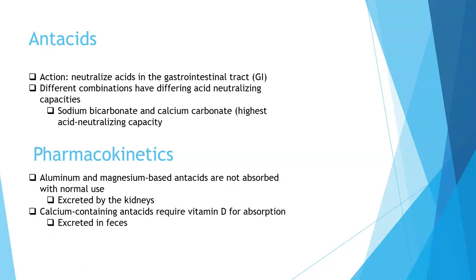But why is it important to know pharmacokinetics? Think about a patient with renal insufficiency. When drugs are excreted by the kidneys but the patient has renal insufficiency, what kind of complications can they have? What would you be monitoring this patient for?